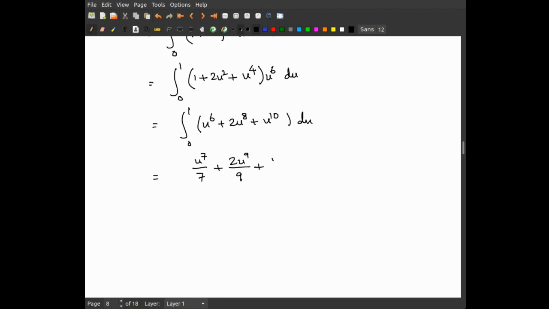And that would be u^11 over 11. And we need to plug the value 1 and plug the value 0. So if I put the upper limit, then I can see that we have 1 over 7, 2 over 9, and that would be 1 over 11.